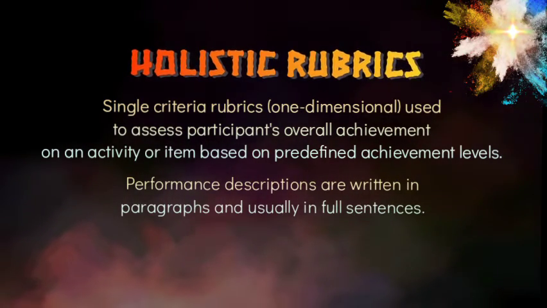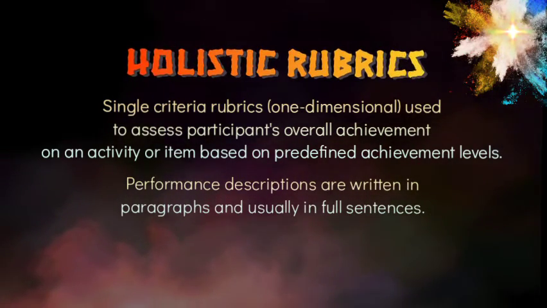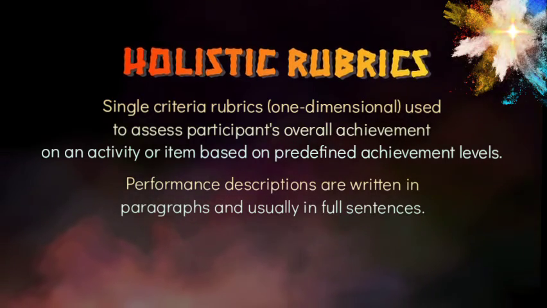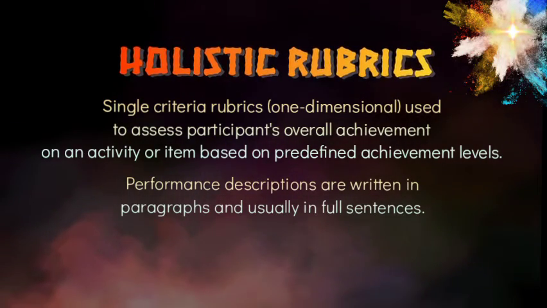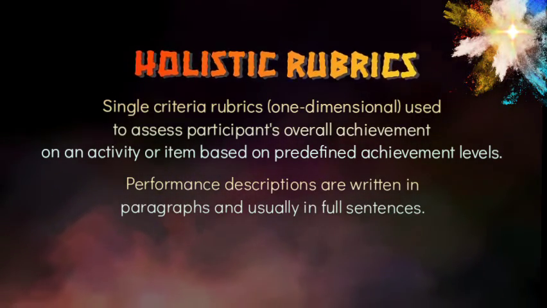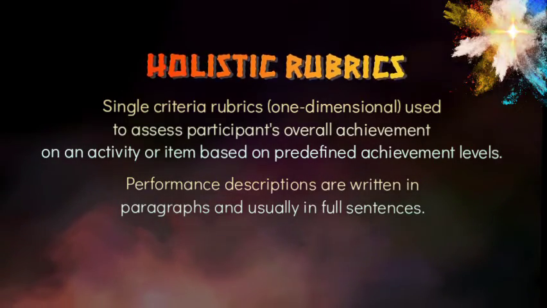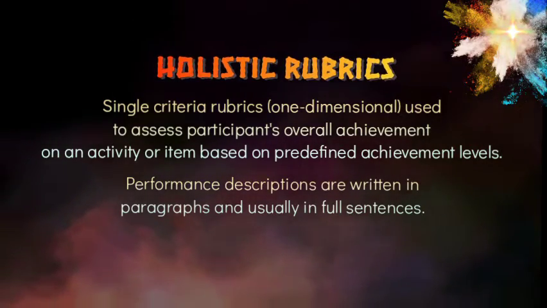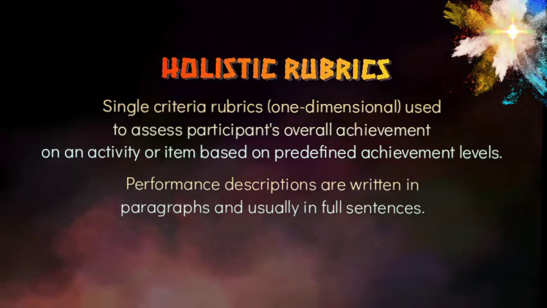With a holistic rubric, the rater assigns a single score, usually on a 1 to 4 or 1 to 6 point scale, based on an overall judgment of the student work. The rater matches an entire piece of student work to a single description on the scale.